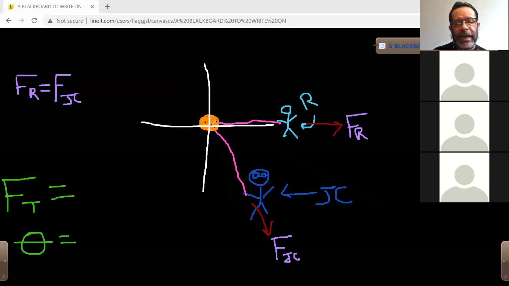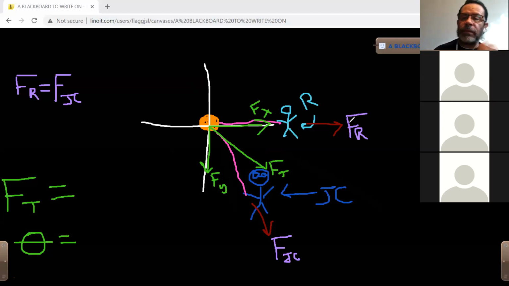It's going to have an x component that I'm going to call Fx, and it's going to have a y component. And there's going to be a resulting force that has both of these components, okay?